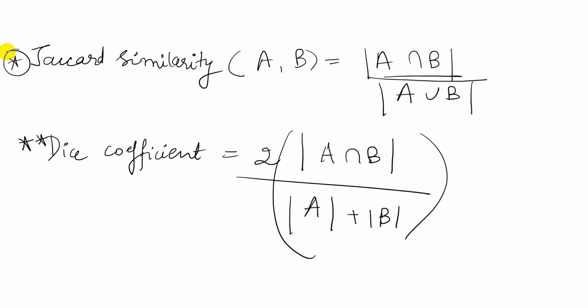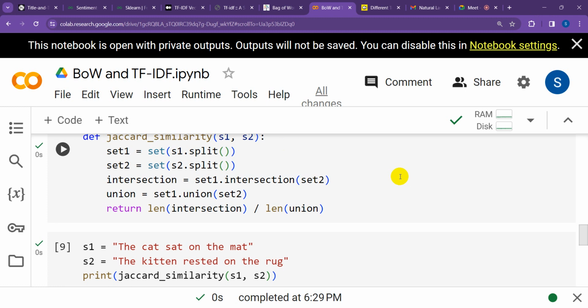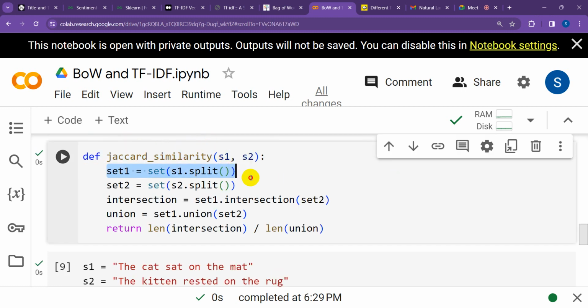Okay. So how we can do the same using Python code is like this. We just split the sentence by tokens, and then apply the set operations. Why are we applying the set operations? Because we only want to take the unique words into account, right?